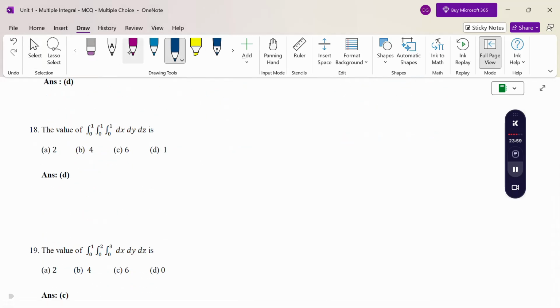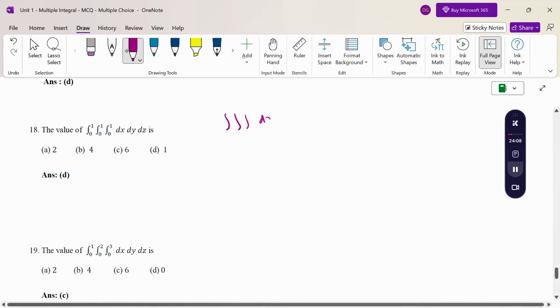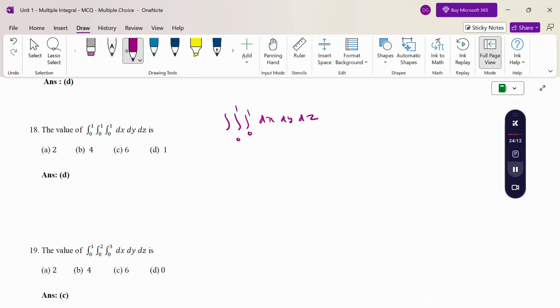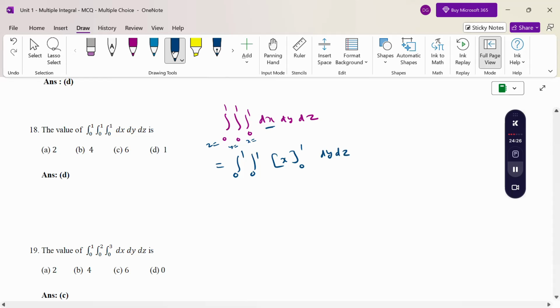Now to solve this triple integration, the triple integration of dx dy dz with limits 0 to 1, 0 to 1, 0 to 1. Now this is the x limit, y limit, z limit. First of all, integrating dx from 0 to 1 gives x from 0 to 1, then dy dz, upper limit minus lower limit.